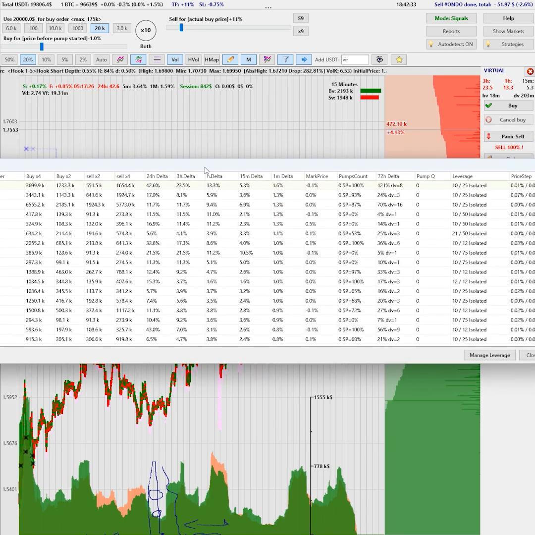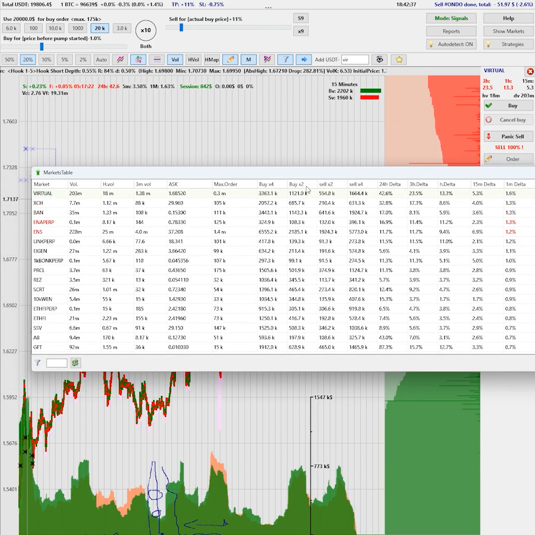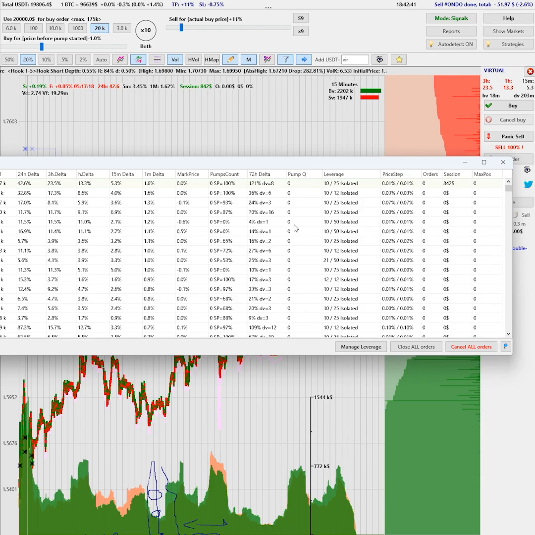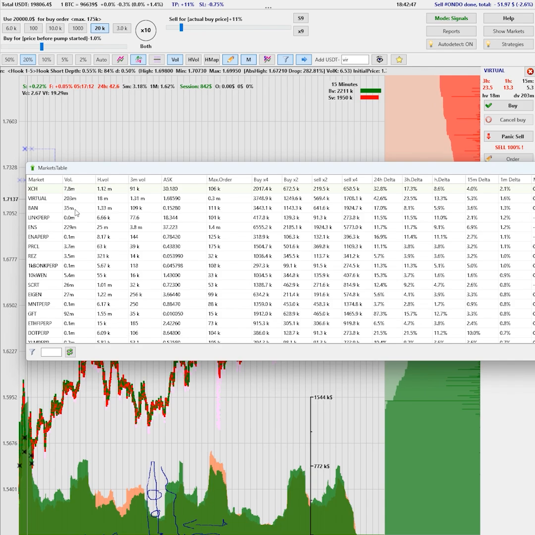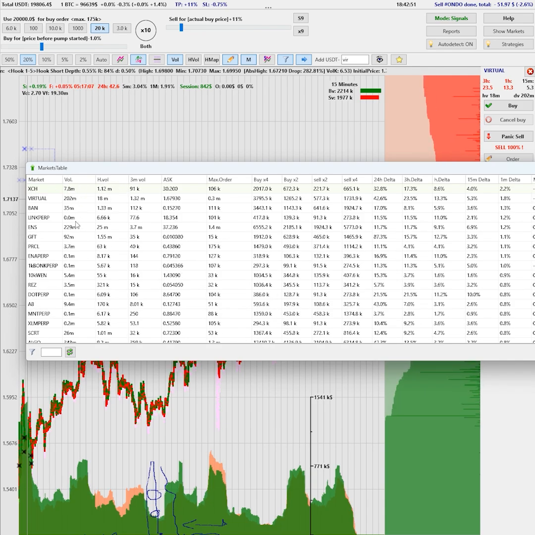Okay, you see different deltas on all the coins. You can sort by any one of them, and more importantly, you can see volumes. You can see hourly volume and you can see daily volume. Yes, you can see 3-minute volume, hourly volume, and then daily volume.